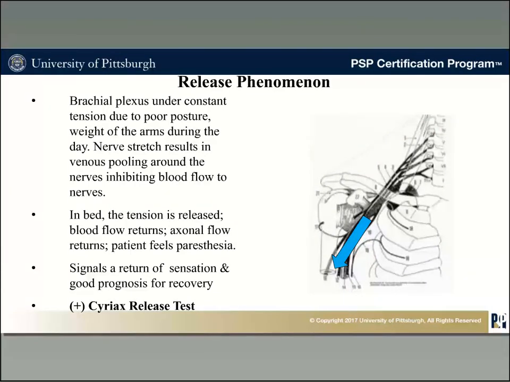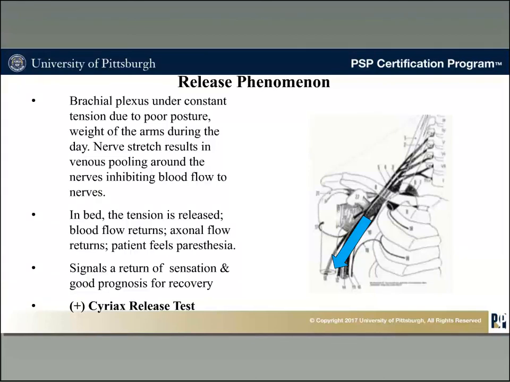The release phenomena is sometimes part of what the patient will experience or report in various clinical manifestations. So when the brachial plexus is under constant tension due to poor posture, the weight of the arm essentially at the side during the day, there is a nerve stretch or tension that will result potentially in some venous pooling around the nerves, inhibiting blood flow to these nerves.